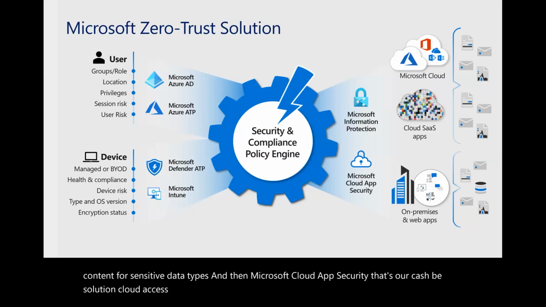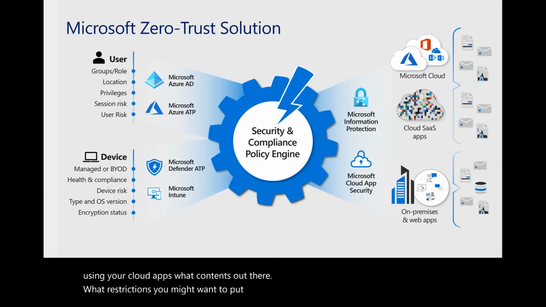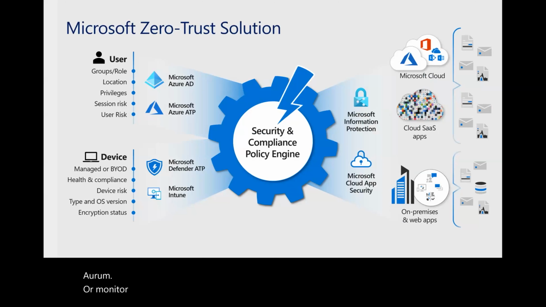And this is governing and giving insight into how users are using your cloud apps, what content's out there, what restrictions you might want to put in place over those cloud apps. Maybe in certain scenarios you want to block them from downloading data or monitor actions depending on their risk factor and where they're coming from.